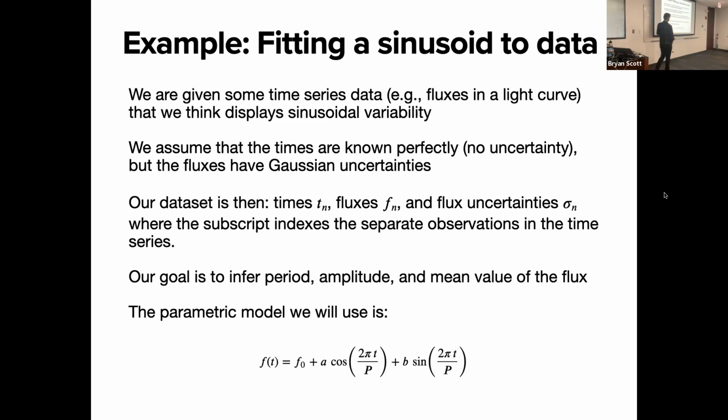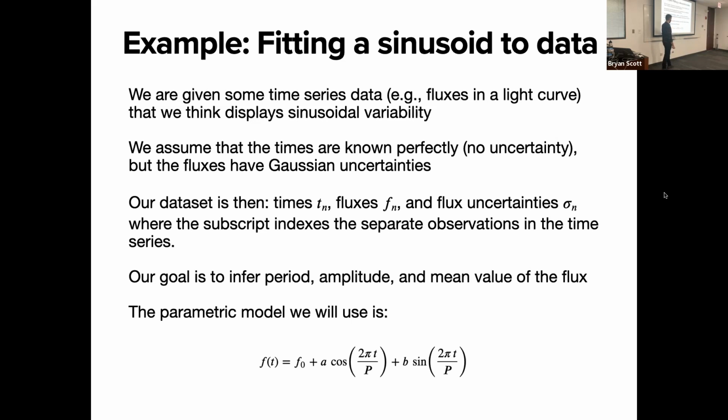So we then have some set of times t sub n, the flux is f sub n, and then we have some uncertainty sigma n. The n is just an index to keep track of which flux measurement we're talking about. The goal with our model is to infer the mean flux, f naught, the period, and these two amplitudes, a and b.